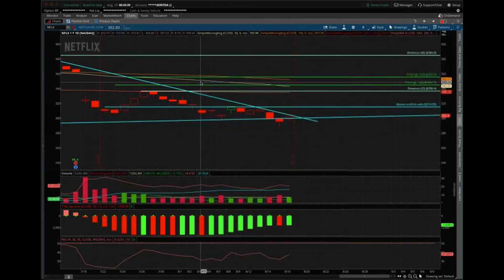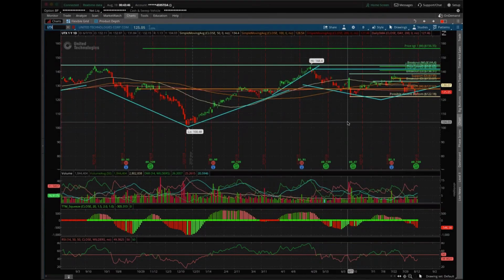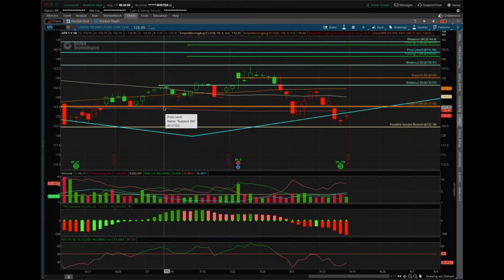All right, let's see. Another stock that we've been following for a while is UTX, and this one's been very choppy. It's been hanging around this 127 for a while, and I've been saying at this 127, buy 70 days out, buy 3 months out, 2.5 months out, and this is going to push.